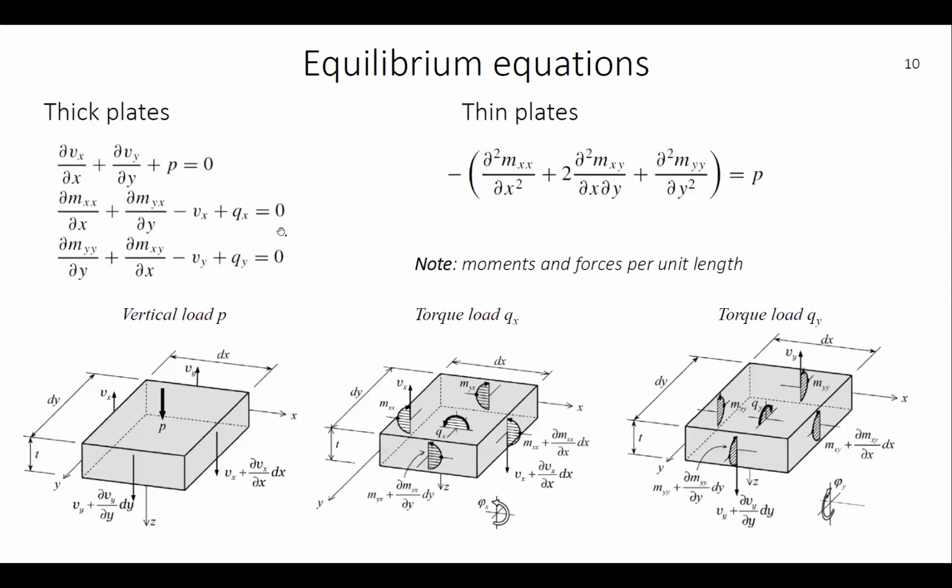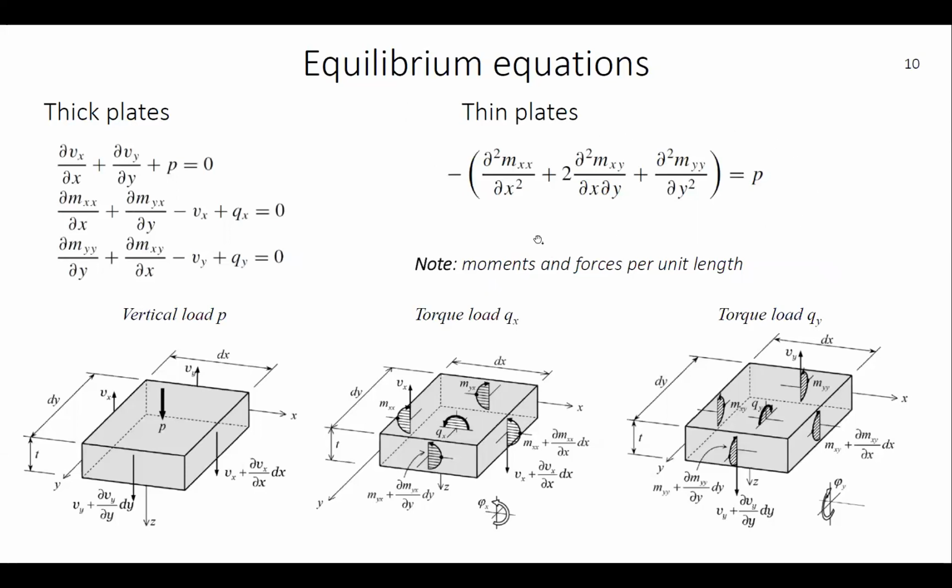And in case of thick elements, you also have the shear forces and the torque load illustrated in this manner. So we have a torque load Qx acting like this, in two directions. And this could be reduced for thin plate theory to this equation that we see here.